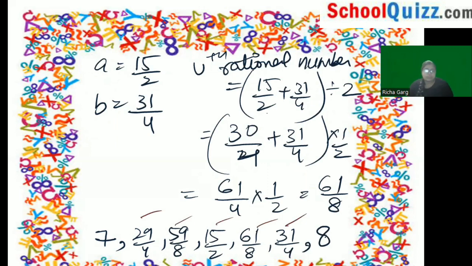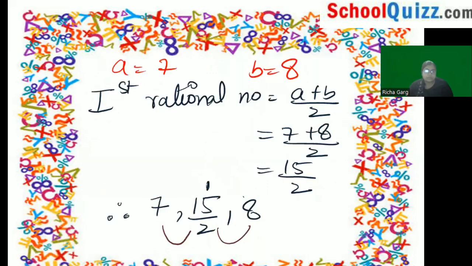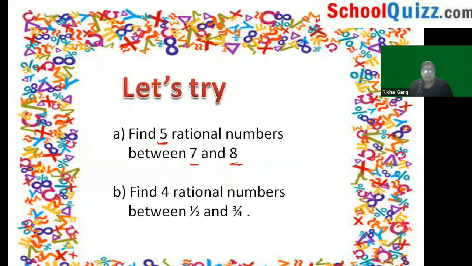So the next question we have: find 4 rational numbers between 1 upon 2 and 3 upon 4. It will be the same format only. Here A will be 1 upon 2 and B will be 3 upon 4.